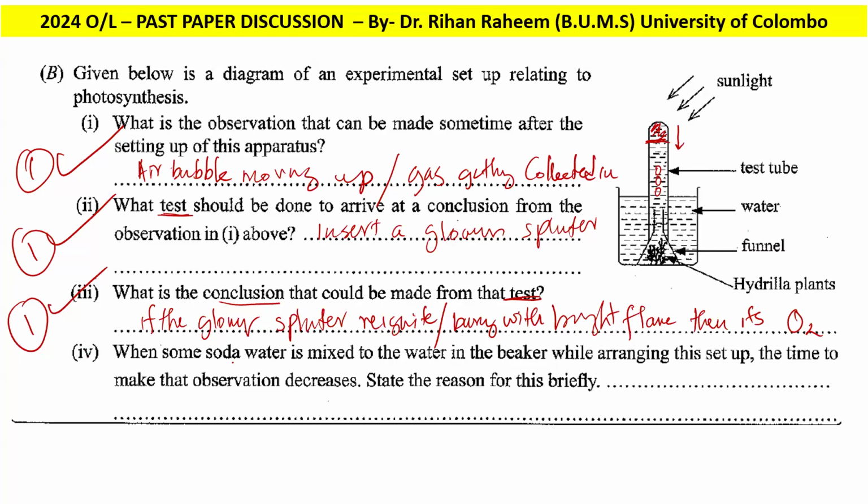Then fourth one, little bit of tricky question. When some soda water is mixed to the water in the beaker while arranging this setup, the time to make the observation decreases. Reason for this briefly. Now here we are mainly targeting the oxygen getting collected. The time taken to collect oxygen reduces. If I want half of the test tube, if I use soda water, half of the test tube is getting filled with oxygen very quickly.